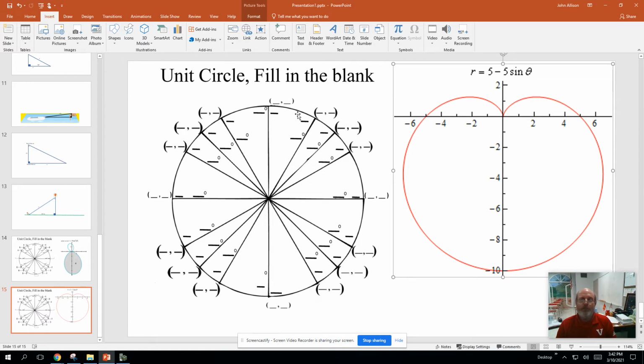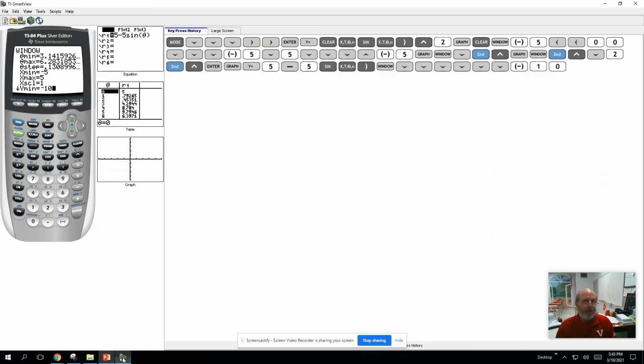So once we get to pi over 2, where the sine is 1, the r value becomes 5 minus 5, or 0. So this part is formed from the theta value 0 to pi over 2. Let's show you that on the graph. Let's change our theta min to 0 and our theta max to pi over 2.